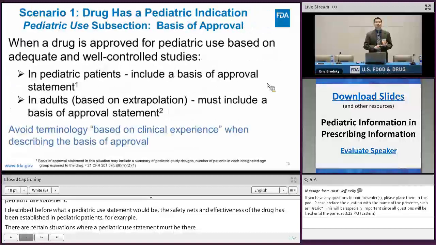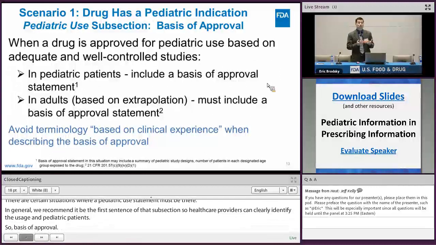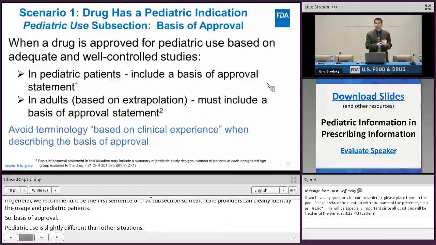So, basis of approval. Pediatric use is slightly different than in other situations. This is a good thing where we must, in many situations, specifically when you have extrapolation of efficacy from adults, and potentially you have additional PK and safety data, but the efficacy is extrapolated from adults, you must include the basis of approval.